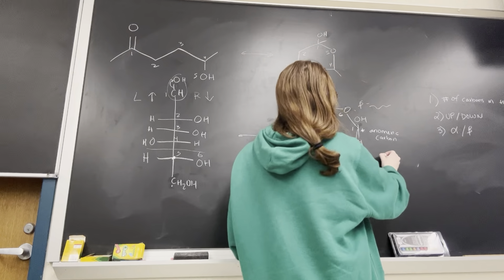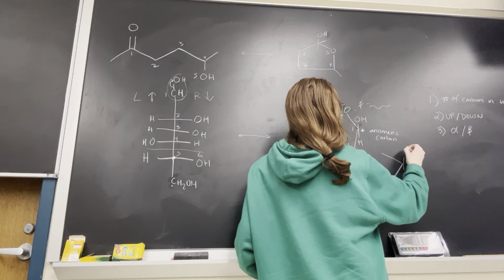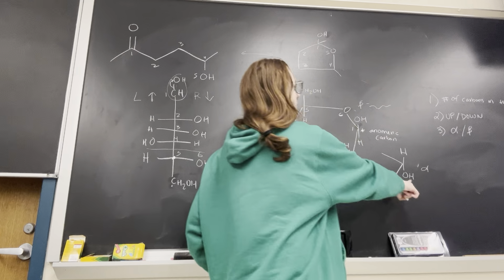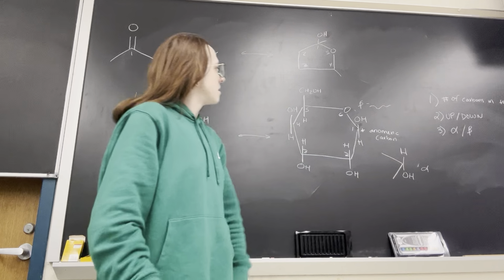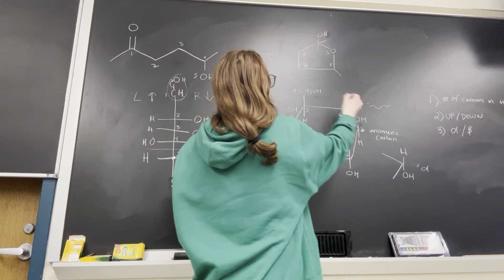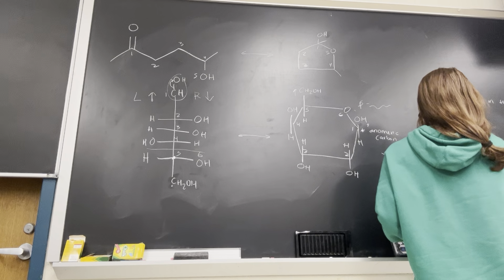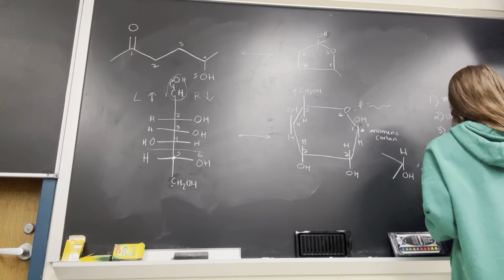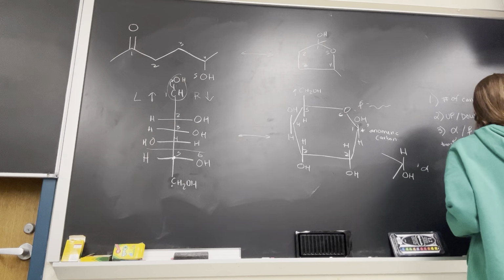Now if it were alpha, I'm just gonna draw a zoomed in thing. If it were alpha, this OH would be down. And so beta means that the CH2OH and the OH are pointing in the same direction. This means cis. I'll just write OH versus CH2OH, so you guys remember.